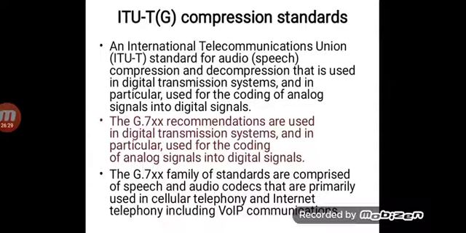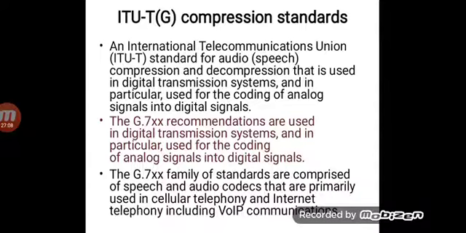Now the International Telecommunication Union, abbreviated as ITU-T, sets international standards which specify how an audio signal or a digitized speech signal can be compressed and decompressed. They have several standards which start with G.7xx, which recommend how the digital signal is used for transmission systems, and specifically how an audio signal is converted into digital form.